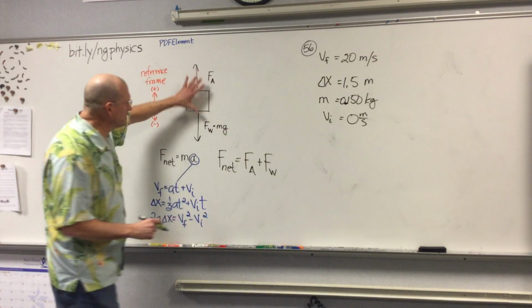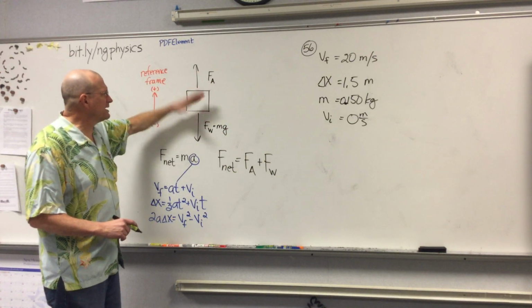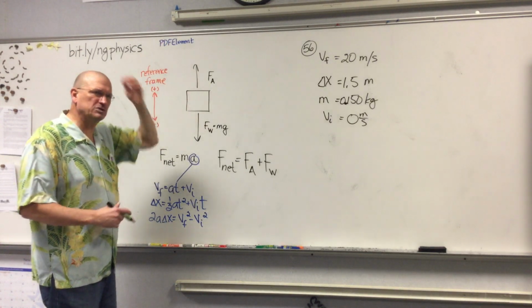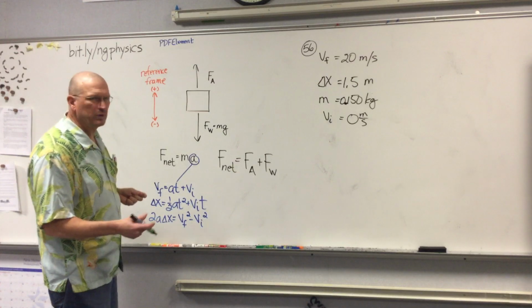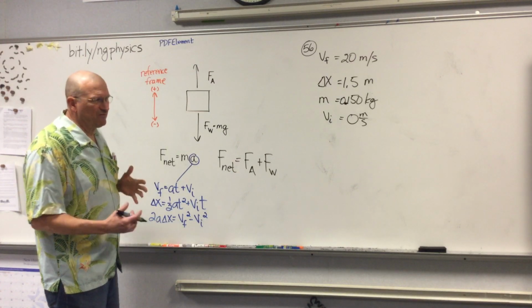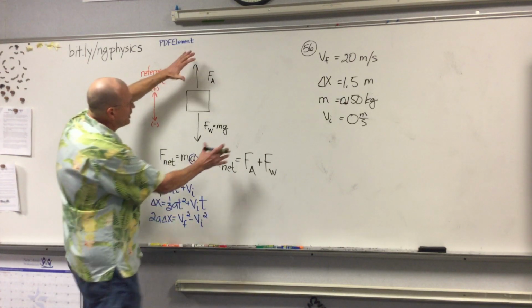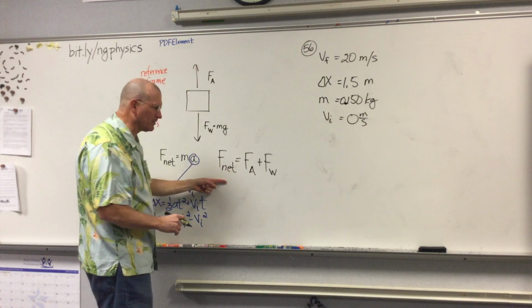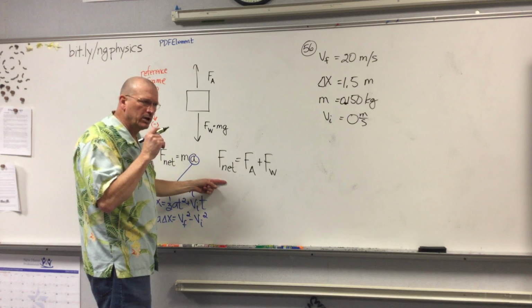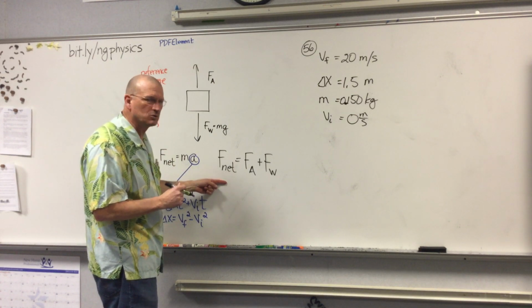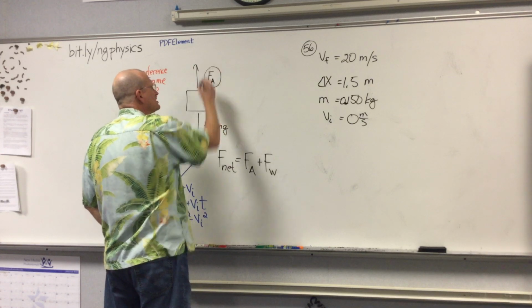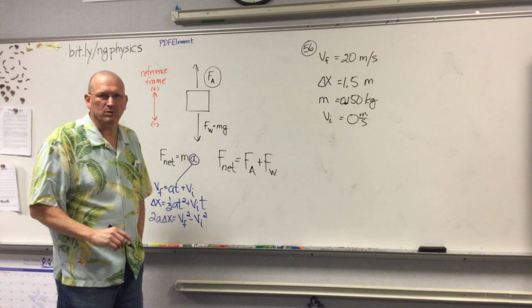Because when we come to the picture here, when we say, which of these forces is the force of the pitcher throwing the ball, the net force is what's left over when all of these forces are added together. That's this equation here. But when they ask for just the force that the pitcher exerts on the ball, that is, and I'll go ahead and circle this, that is the applied force.